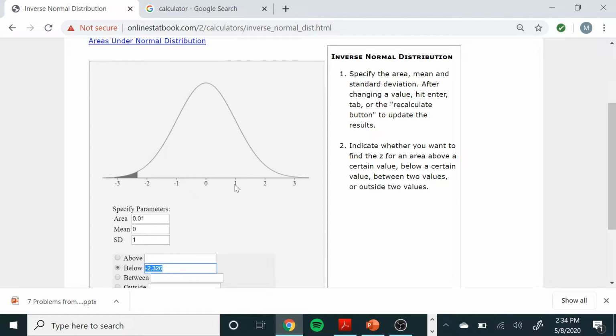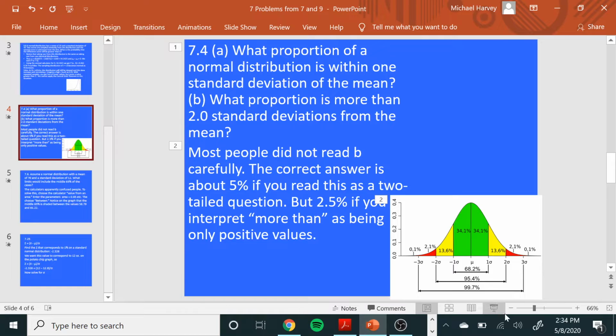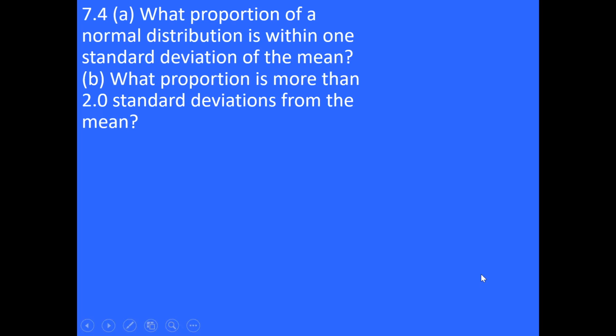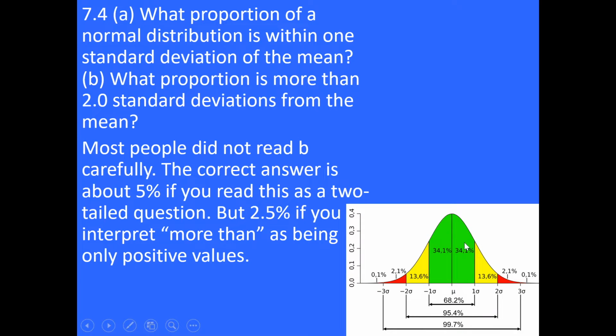So the 1 here is 1 standard deviation from the mean on this side. With a question that says what proportion is within 1 standard deviation, what we're looking at is the area between -1 and +1.